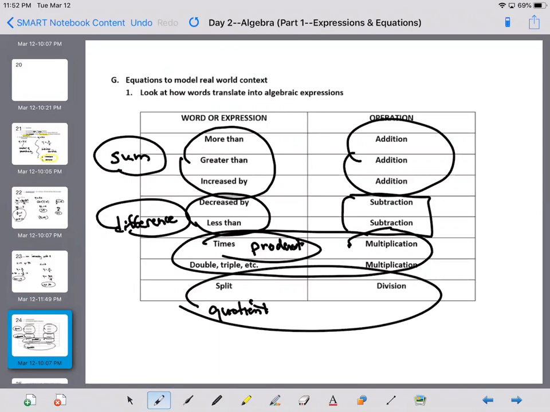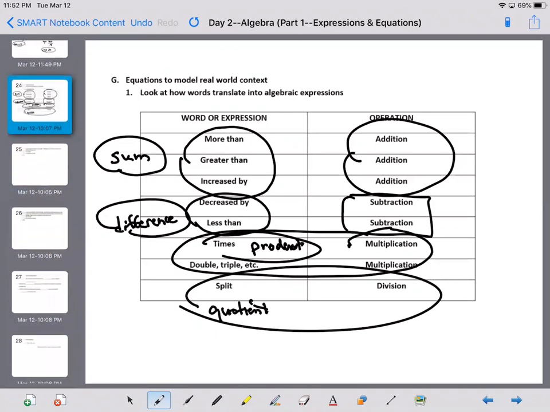So many times you've got keywords that you will see as part of the wording that will help you formulate your equations.